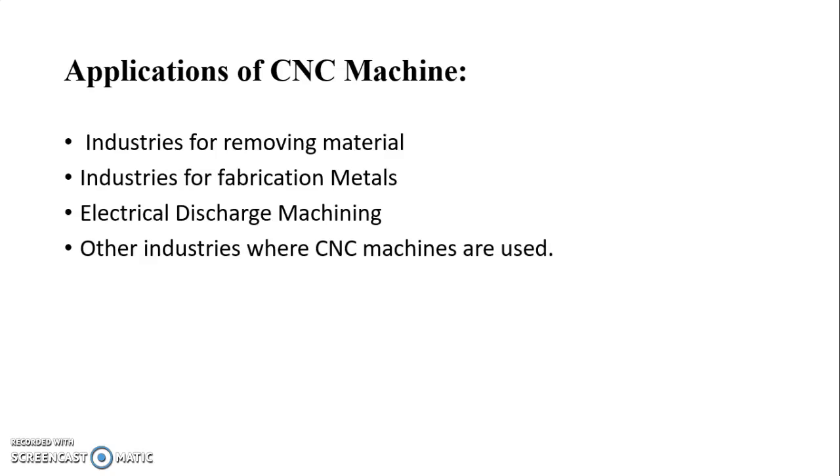CNC machines are also used extensively in the woodworking industry to perform various operations like routing, similar to milling, and drilling. CNC technology is also used in a number of lettering and engraving systems. There are also CNC machines for electrical industries such as CNC coil winders and CNC terminal location and soldering machines. So these are the applications of CNC machines.